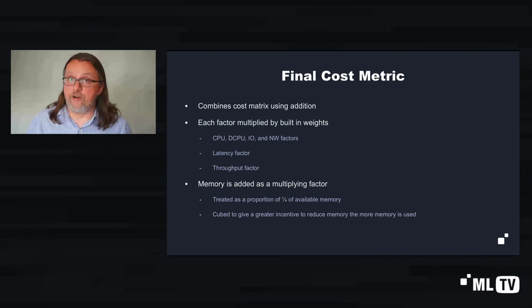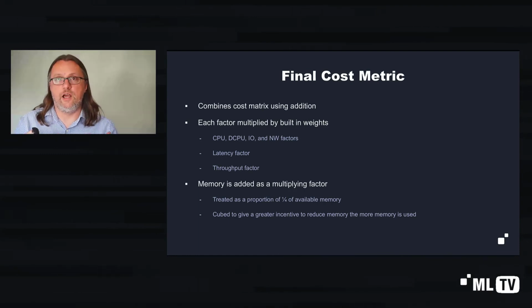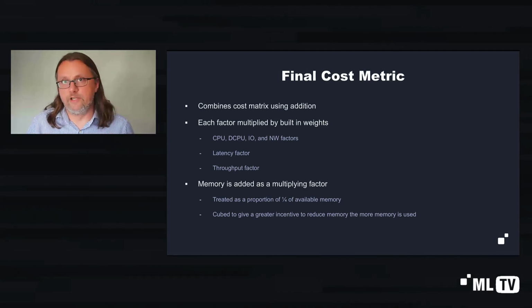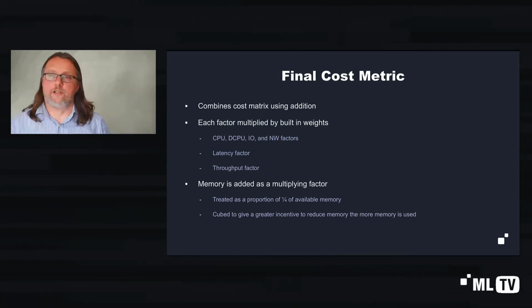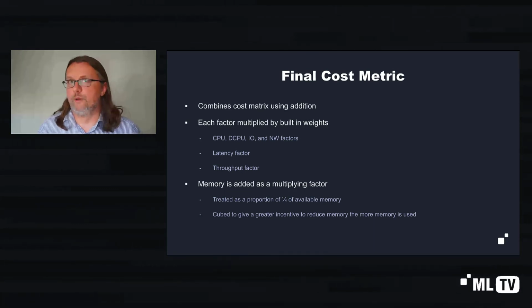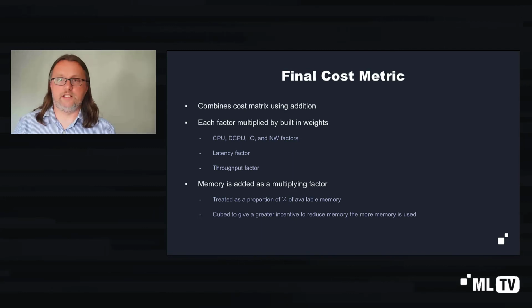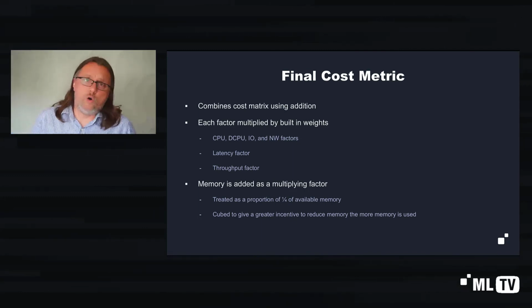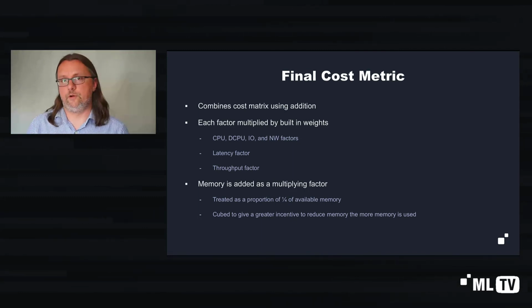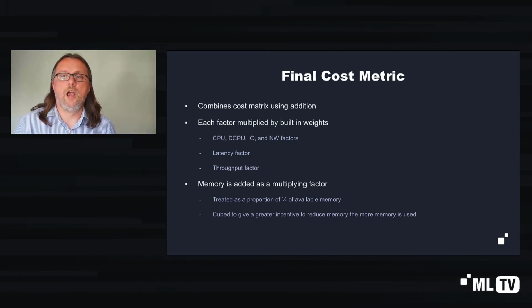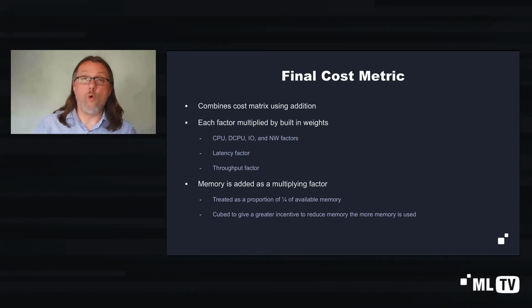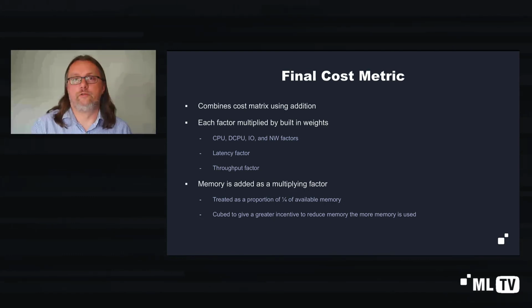Then we take memory, and because of what I described earlier, if you run out of memory, there's no more memory to use. You can't just keep using more memory. So memory is added as a multiplying factor to the cost. It's treated as a proportion of a quarter of the available memory for query execution. So the query optimizer is always aiming to only use up a quarter of that memory.